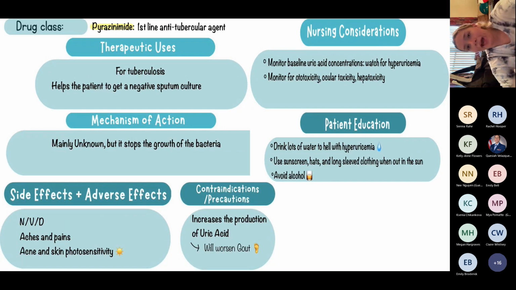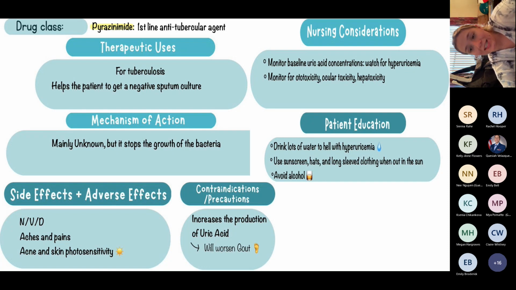And finally, we have pyrazinamide, okay? Really, the issue with pyrazinamide is that it increases the production of uric acid. I know we haven't talked too much about gout yet, but what happens with gout? We have a buildup of uric acid that crystallizes, and it likes to crystallize in the joints and under the skin.